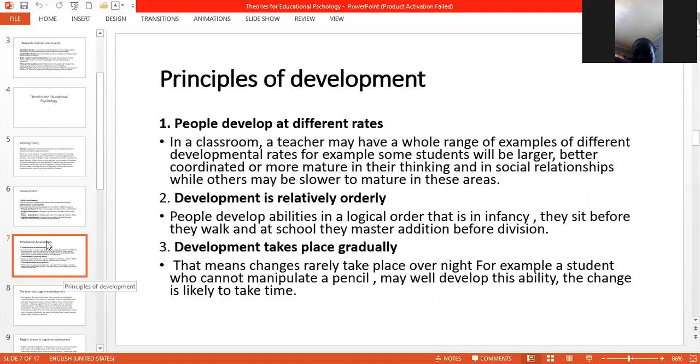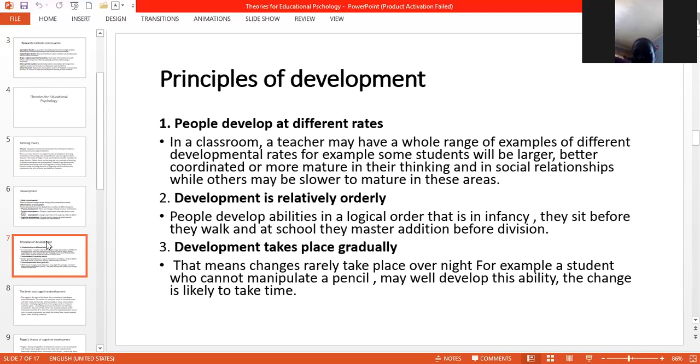Now, let us move on to the principles of development. How does development take place? We must know these 3 points. First, people develop at different rates. Children in class are not the same. They develop at different rates.